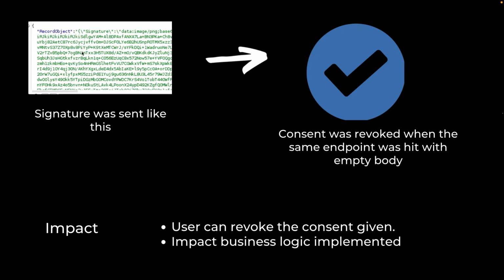When we clicked on save or send consent, the application sent this data, and it had an image encoded in base 64. What I did is I removed the entire signature and sent an empty body, and I observed that the consent was revoked when the same endpoint was hit with the empty body.